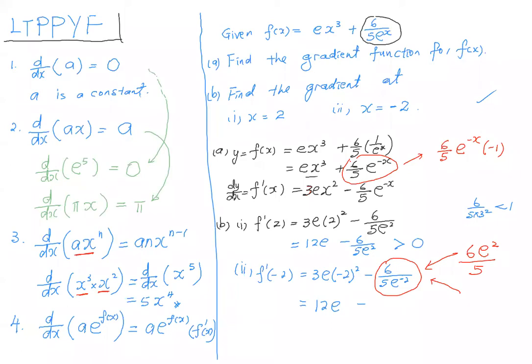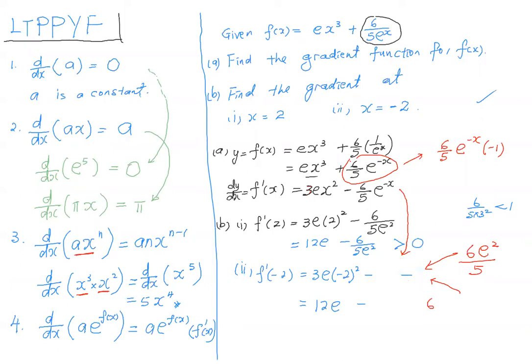You see, this is e squared. So if I put here, because this is negative, if I follow this formula, I should write it like that.